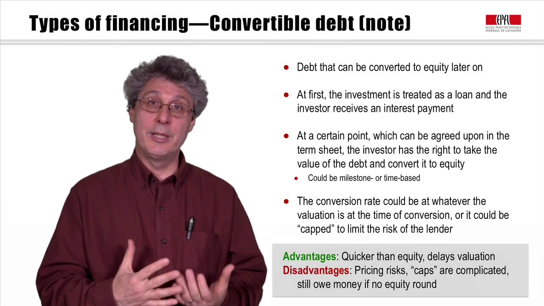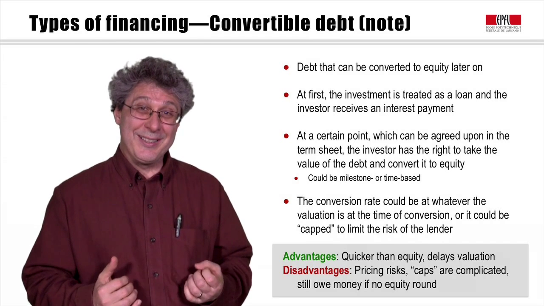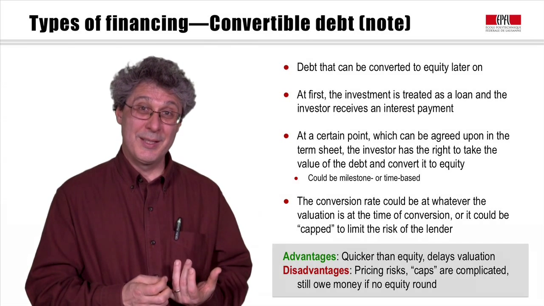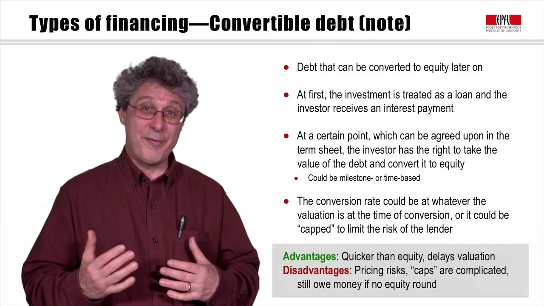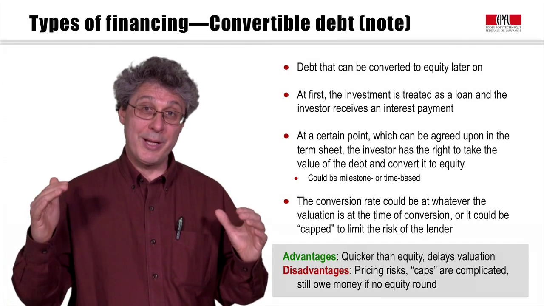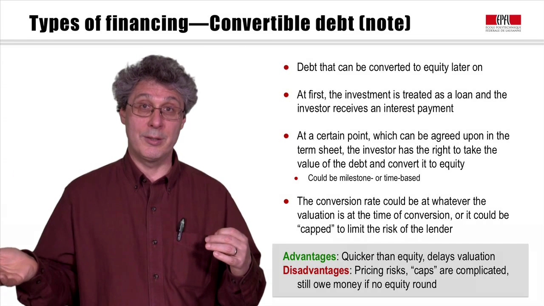This is a little bit trickier to explain, but basically to entice the investor to make this investment, you need to offer some sort of cap, a valuation cap, on the valuation of the company in the future.